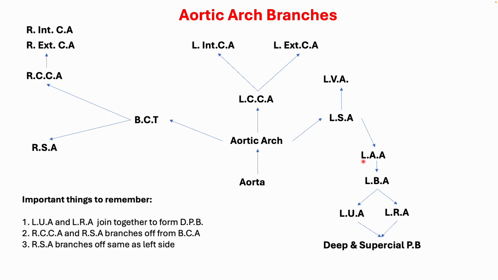So the deep palmar branches face the top of your hand, while the superficial palmar branches supply the palm side of your hand. So deep towards the top, superficial towards the palm.